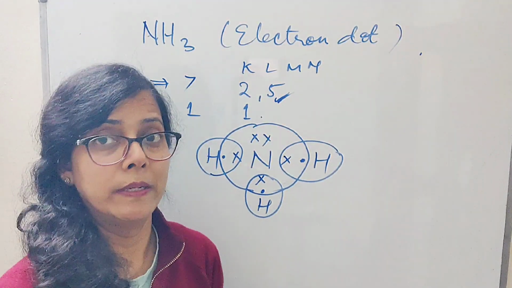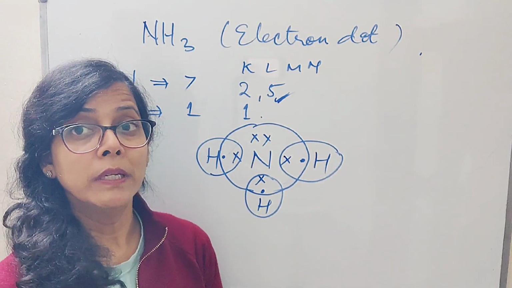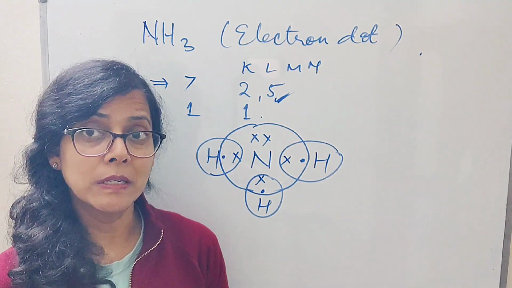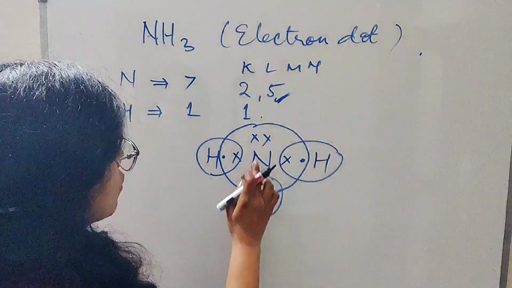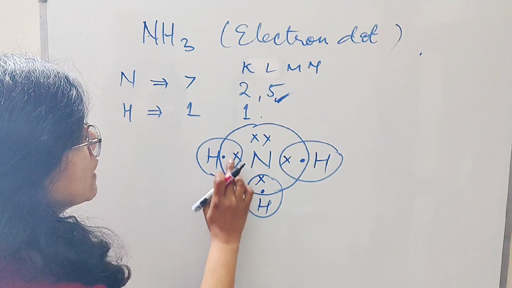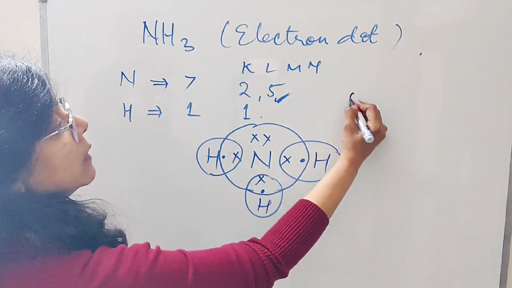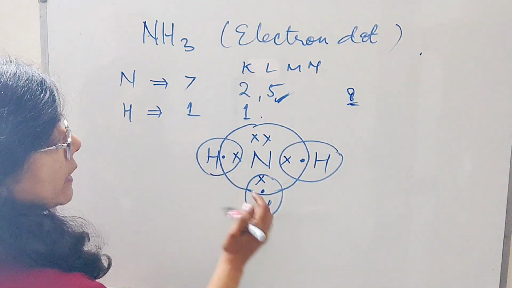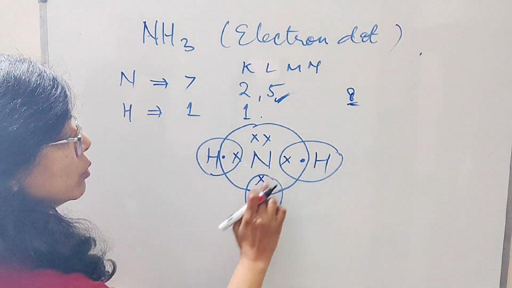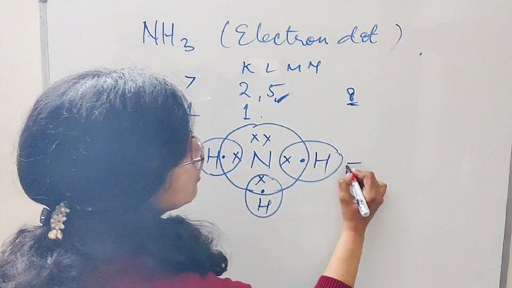Hydrogen has to complete its duplet, and nitrogen has to complete its octet. So 1, 2, 3, 4, 5, 6, 7, 8. Nitrogen got 8 after sharing, and each hydrogen got 2. So this structure is the electron dot structure of NH3.